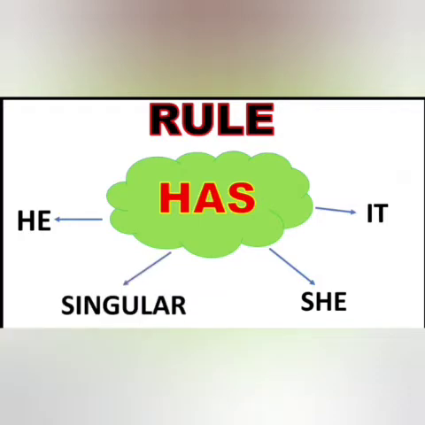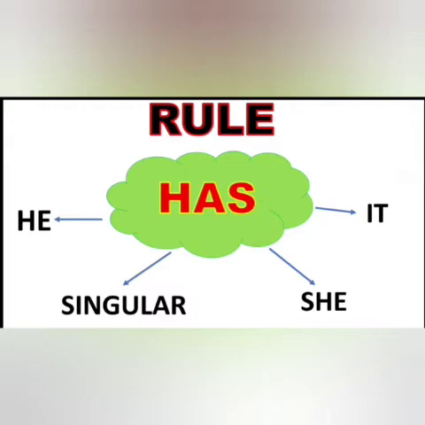He is used when we are talking about one boy. She is used when we are talking about one girl. Singular means that when we are talking about anything, let it be an animal, a person, or anything that is singular in number. That means one. And it we use for animals and all the non-living things.